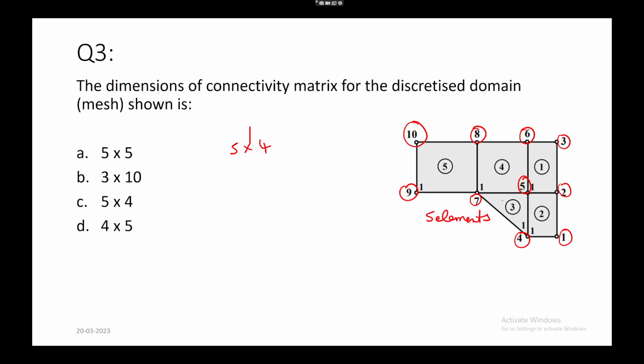So we have two cases. We'll try to derive the element connectivity matrix for both cases. What they have given here is to assume an anti-clockwise sequence for local node numbering. For example, if you take this, the local node number 1 is given in each element, and 2, 3 and 4 should be in the anti-clockwise manner.